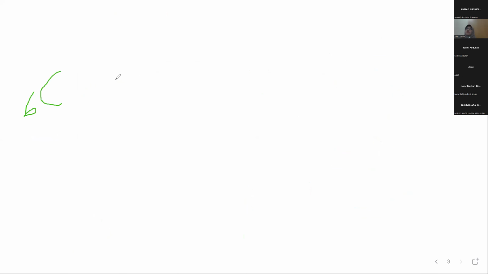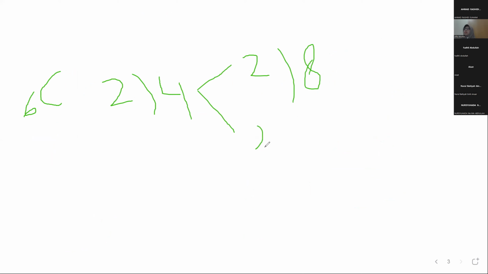Carbon is 2 and 4. The possibility is 2 and H, but in a different mechanism. Sorry, not 2 and H, only 2.